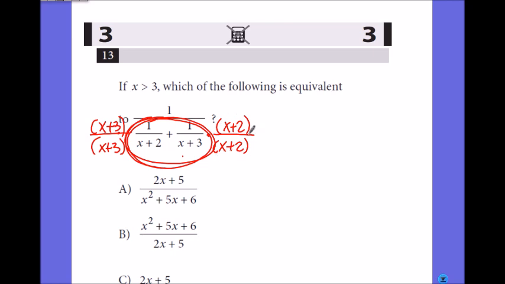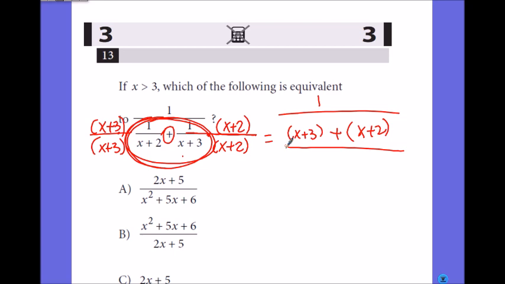Again, here's 1. So then I get 1 over 1 times x plus 3 is x plus 3, plus 1 times x plus 2 is x plus 2. And I get x plus 3 times x plus 2, which, can we FOIL it here? x squared plus 2x plus 3x plus 6.